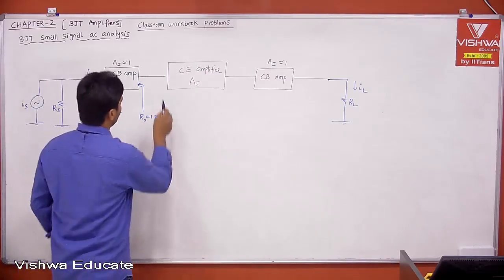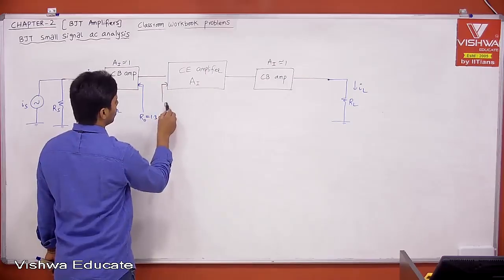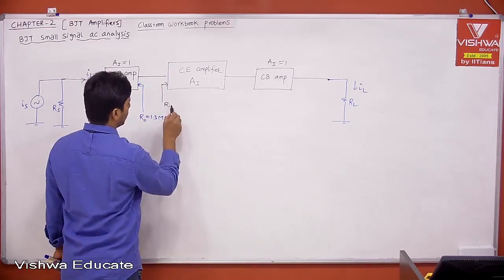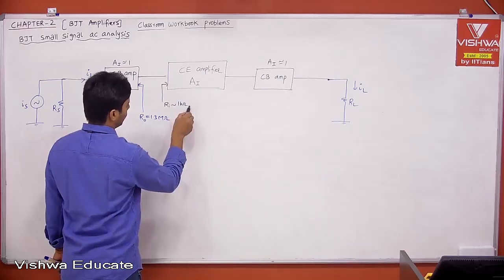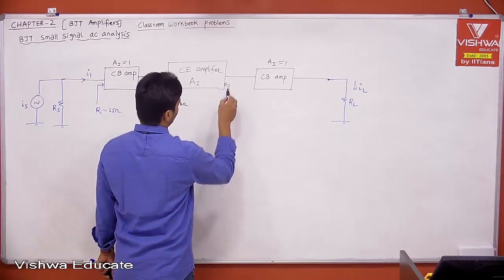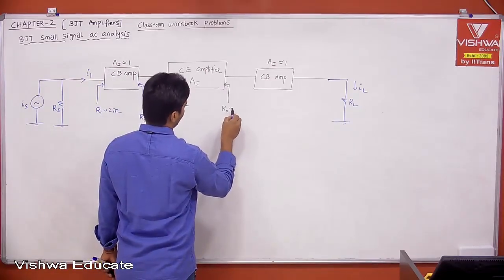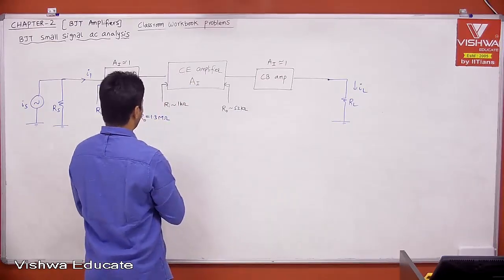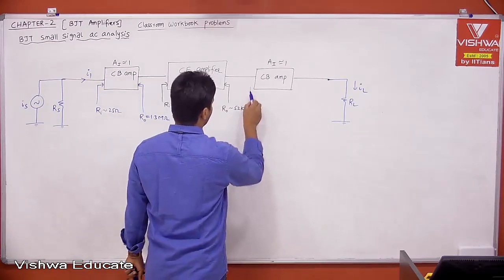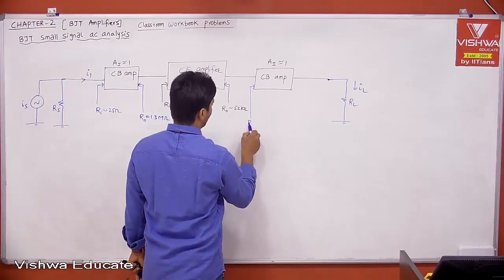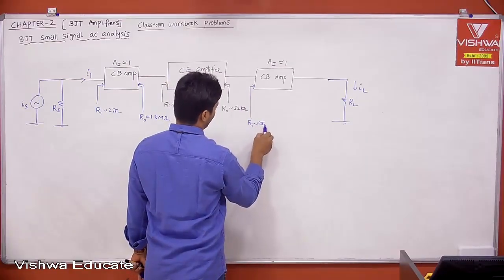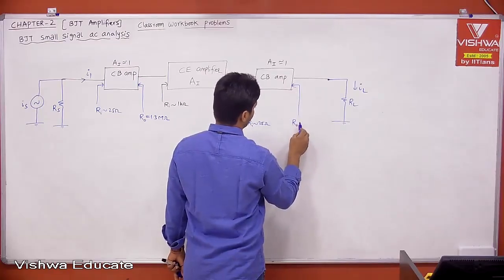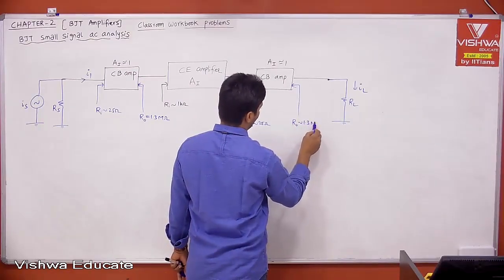What is the input impedance of the common emitter amplifier? We already saw, approximately, not completely, 1 kilo ohm. And what was R0? We got approximately 50 kilo ohm, 52 kilo ohm. Now for your common base, the input impedance is approximately 25 ohm and the output impedance is approximately 1.3 mega ohm.